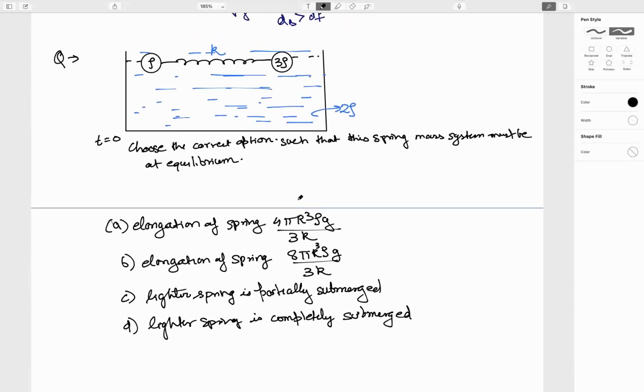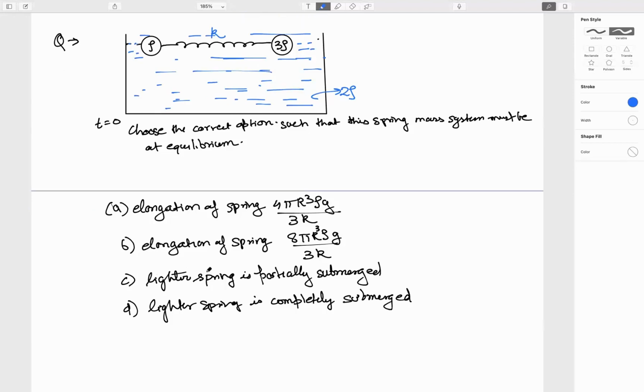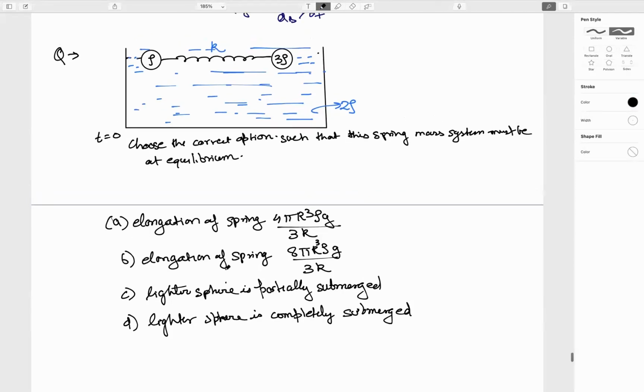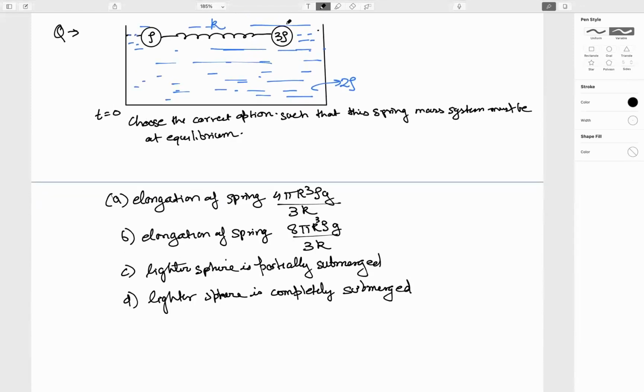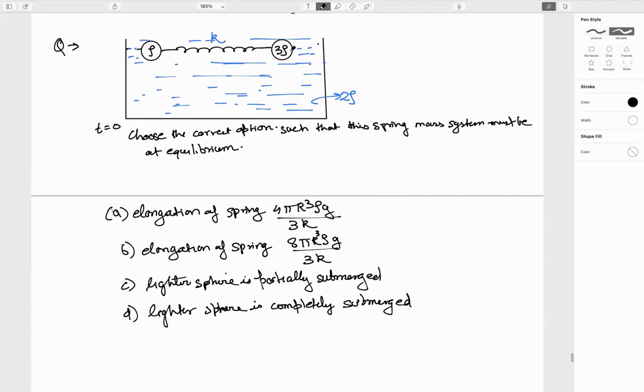Choose the correct option and keep in mind that this is at t equals 0. This will take any position to remain in equilibrium. So I would like you to make a free body diagram and try to choose one of the options. Sphere is anyway submerged. Try to solve this question, let's say in 1 minute. You may pause the video for more than 1 minute and try to arrive at the solution.